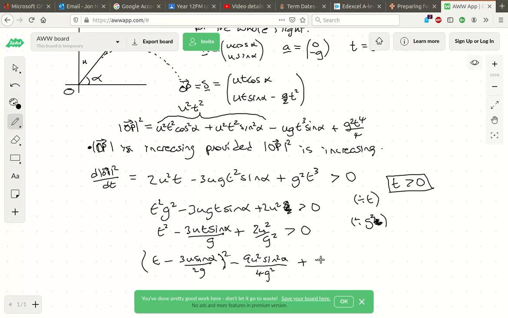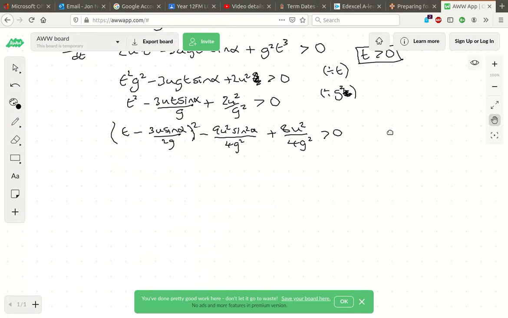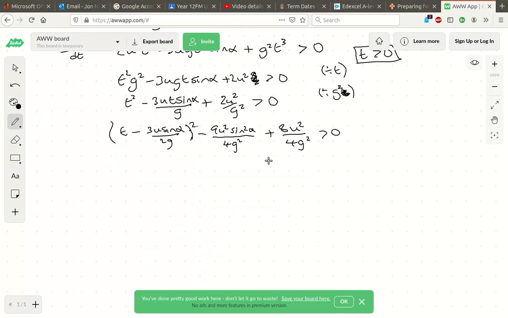And then this I'm going to write as 8u squared over 4g squared, and that's greater than 0. Now, this will be greater than 0 provided these two terms on the right are greater than 0, because this is squared and so it's always positive. And so I can say hence 8u squared minus 9u squared sine squared alpha over 4g squared is greater than 0.